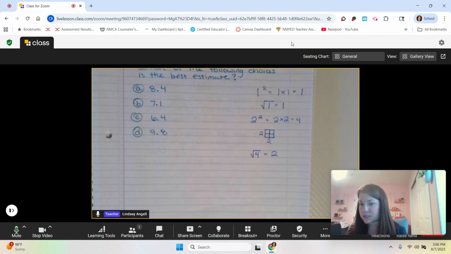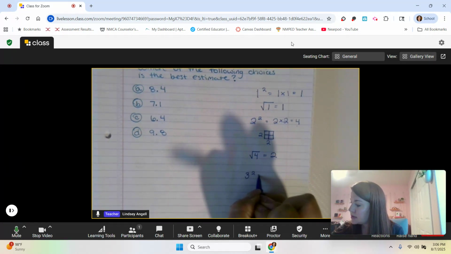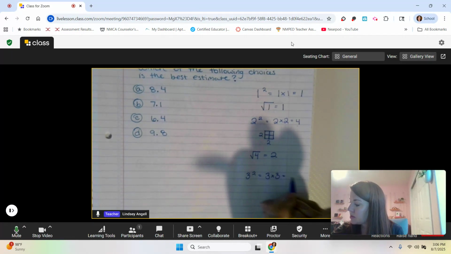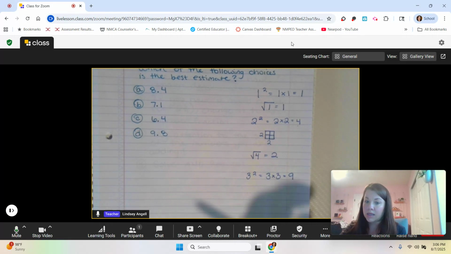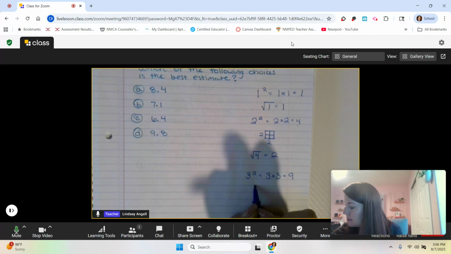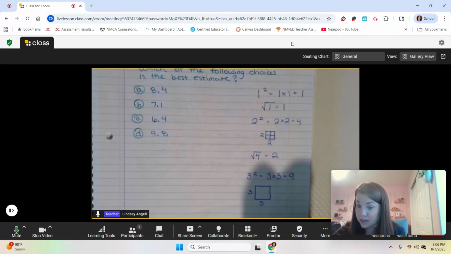All right, let's try another one. If I take 3 squared, well, that's equal to 3 times 3, which equals 9. That means 9 is a perfect square. Okay, we could do that same thing for those of you that like to have a visual. I could say that this side of a square is 3. That also means that side of a square is 3.